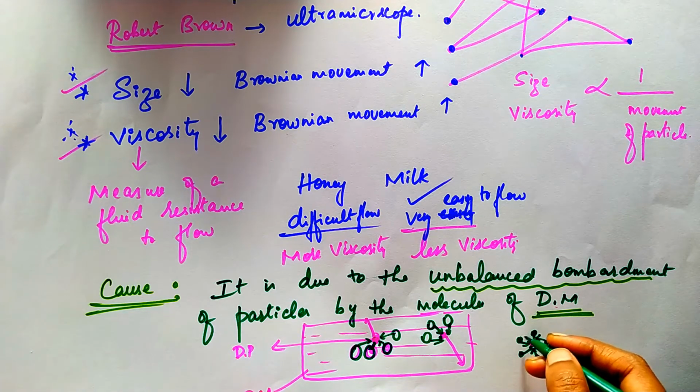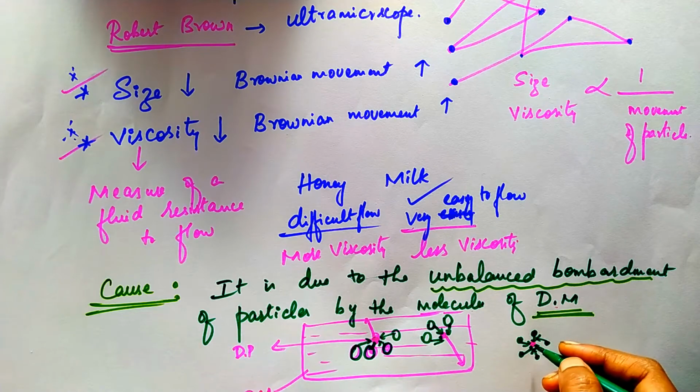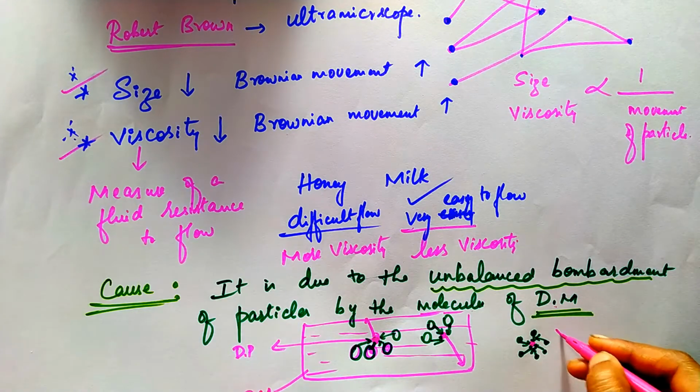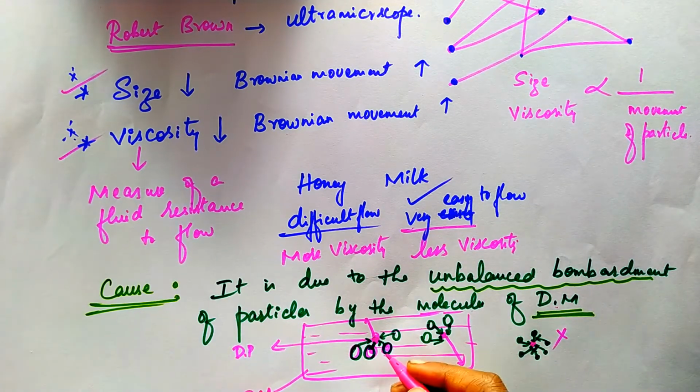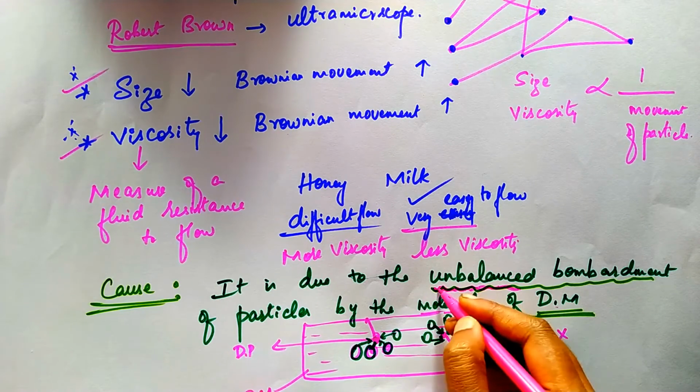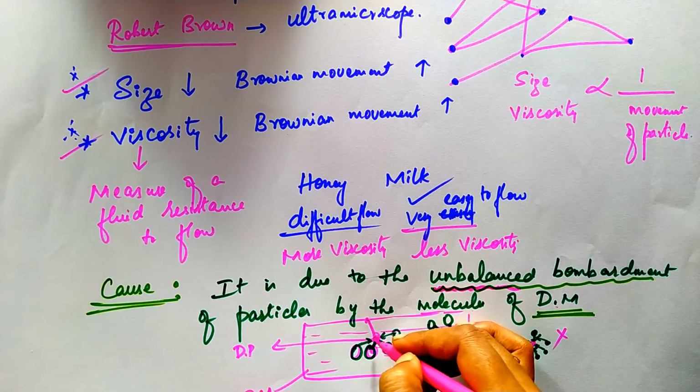If the six molecules are hitting the particle in a balanced way, bombarding in a balanced way, then the colloidal particle doesn't move. If the dispersed medium hits the colloidal particle in an unbalanced way, then the particle starts moving.